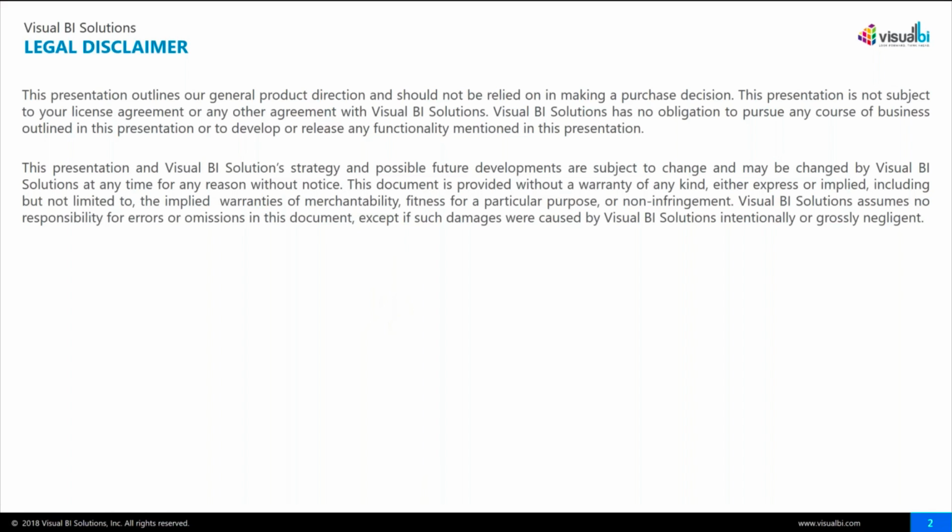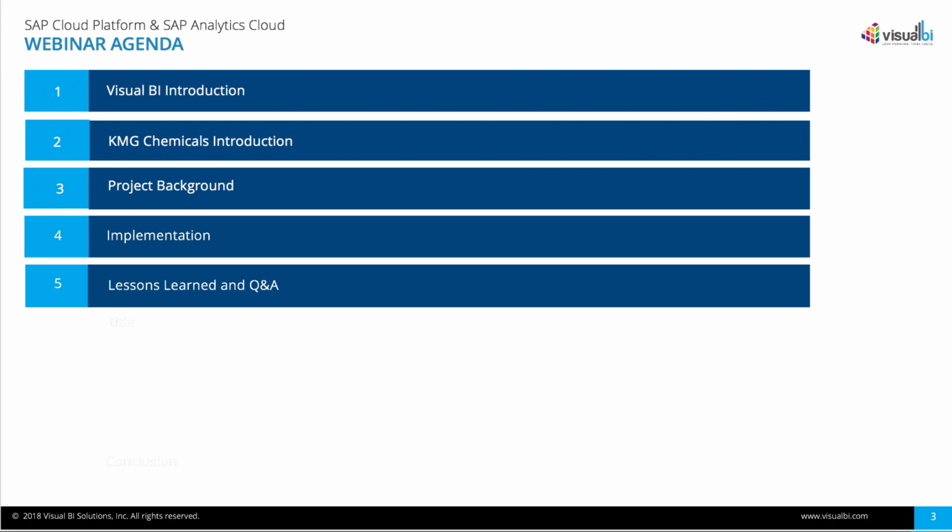I would like to start off with the standard legal disclaimer, and today we have a very exciting agenda where Frikkie would be introducing you to Kmg Chemicals and explaining the project background of deciding to implement SAP Cloud Platform and SAP Analytics Cloud.